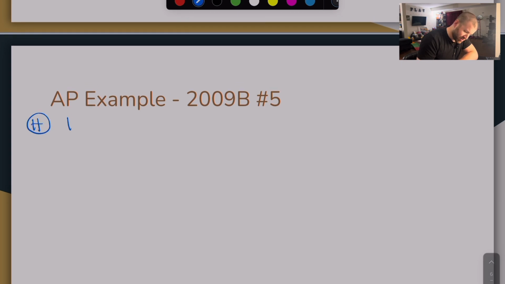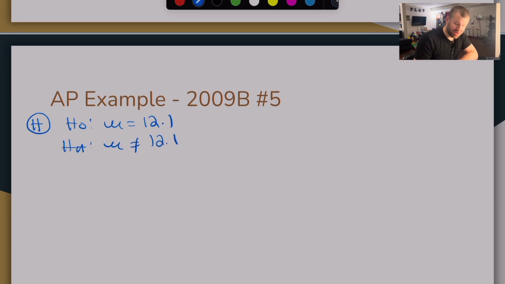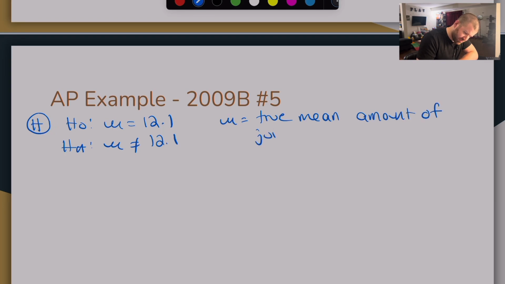For my null hypothesis, I'm going to say that mu equals 12.1. And for my alternative, it's that mu does not equal 12.1. I'm still going to define my parameter here as the true mean amount of juice that's being dispensed.